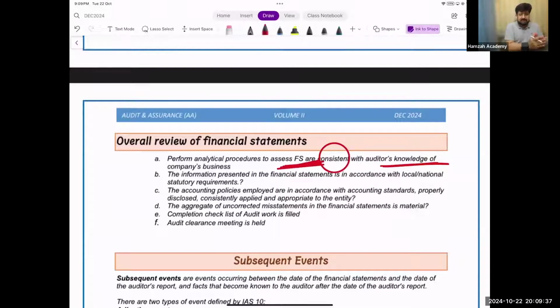What is in the books and what I have seen, is that consistent or not? This is the purpose. And the auditor has to check whether financial statements are as per laws and regulations or not.